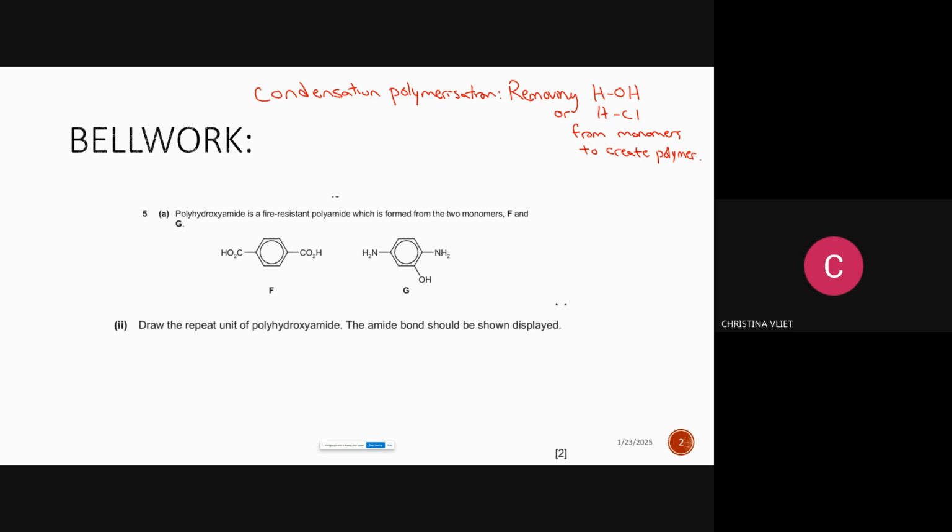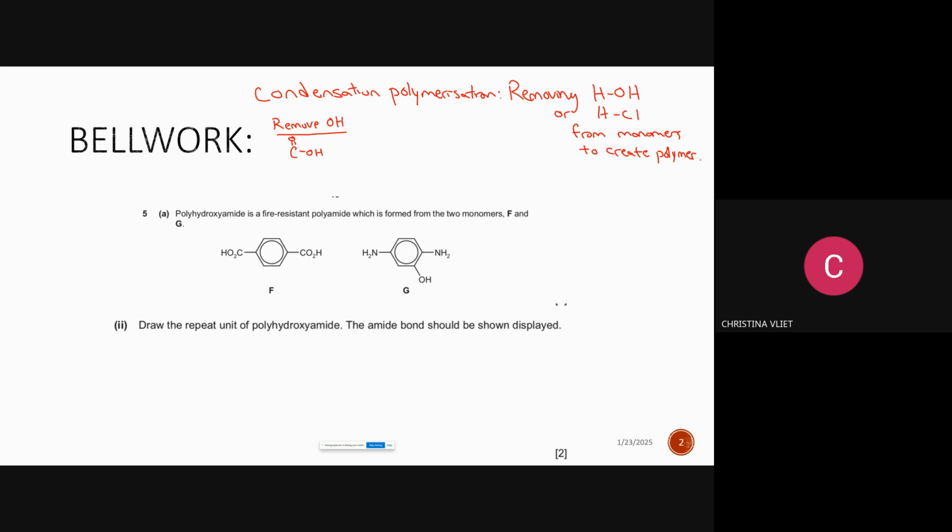And then there were specific groups we would look for to know what to remove. I gave a specific slide on that because I think it's really important that you're able to identify the different groups. So you would remove OH from a carboxylic acid, COOH.